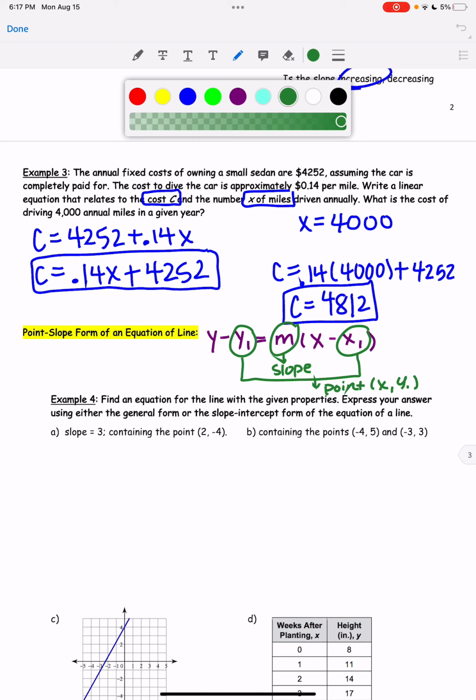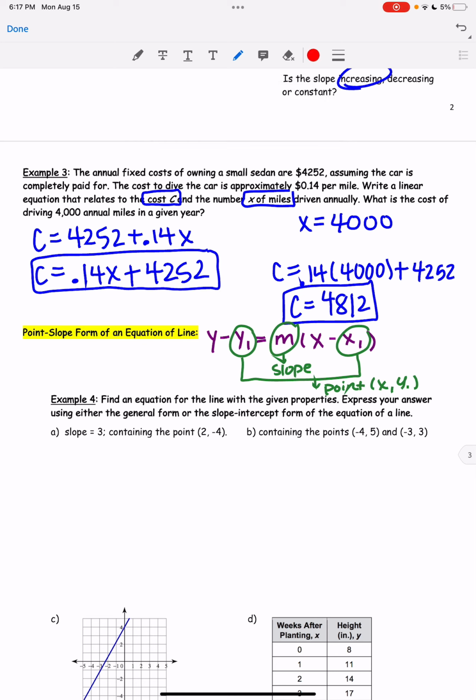I should have talked about this earlier, but the way that these equations are named is exactly what you are given or exactly what you need to use it. This is called point-slope form. Why is it called point-slope form? Because we need a point and a slope.